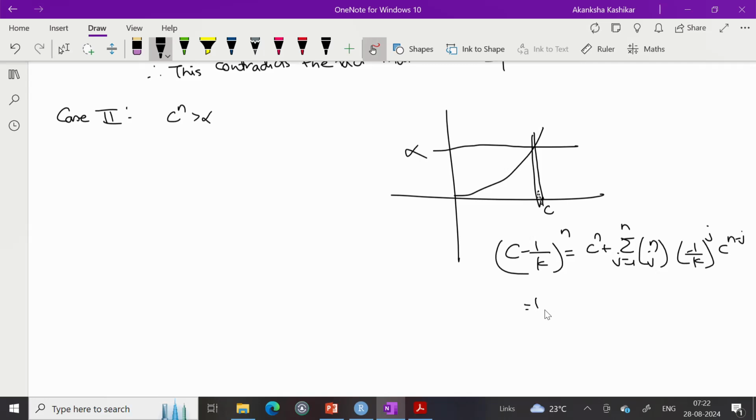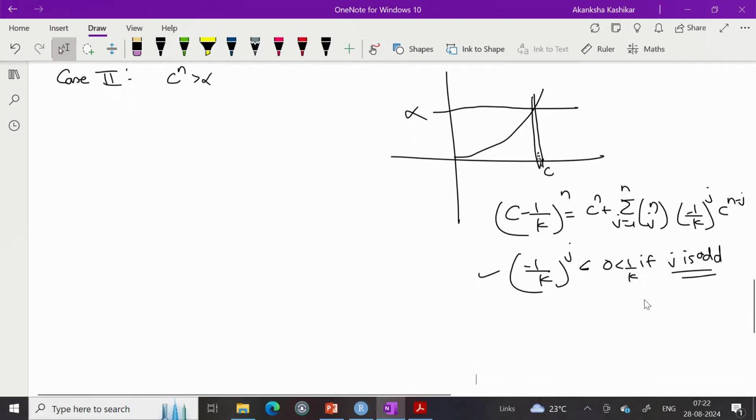Now, when I consider minus 1 by k raised to j, so this will be less than 0 if j is odd, correct? So if j is odd, then this is less than 0, and I know 0 is less than 1 by k, correct? So if j is odd, then I can write this, minus 1 by k raised to j is smaller than 1 by k, okay?